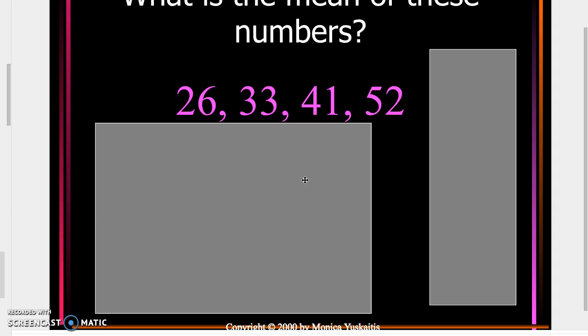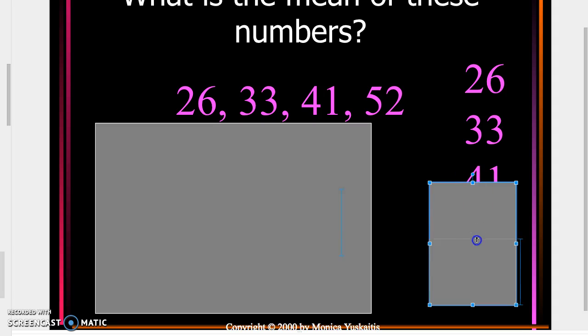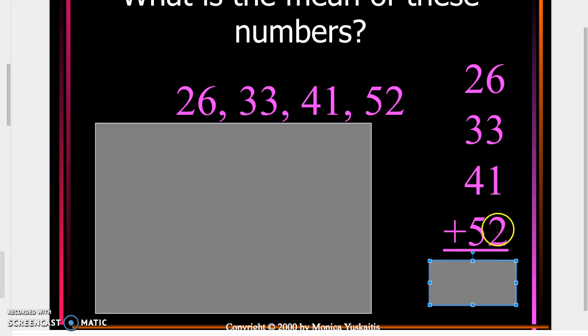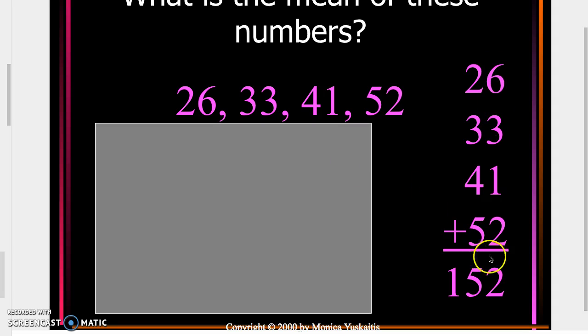Okay, one more practice. These 4 numbers, you're going to add them all up. 26, 33, 41, 52. I have 152 when I added all these numbers up together, and I'm going to divide by 4, since there are 4 addends.